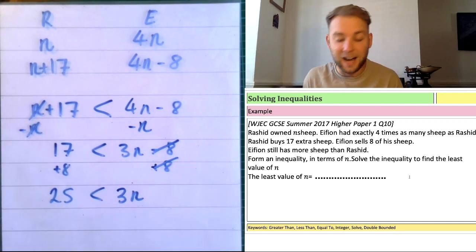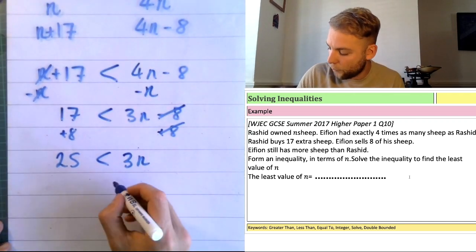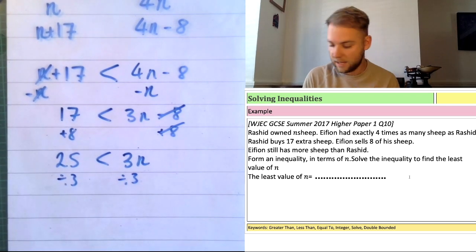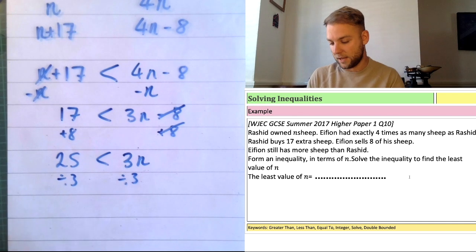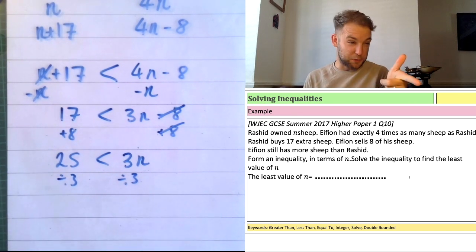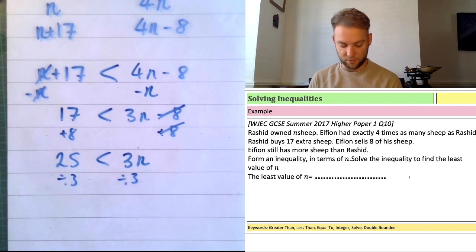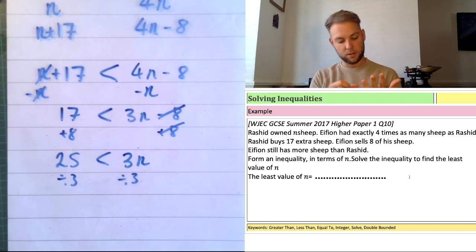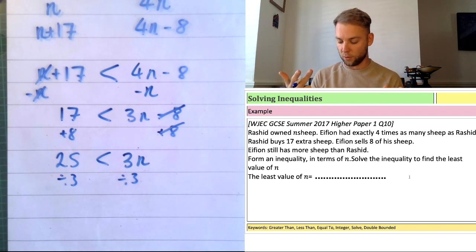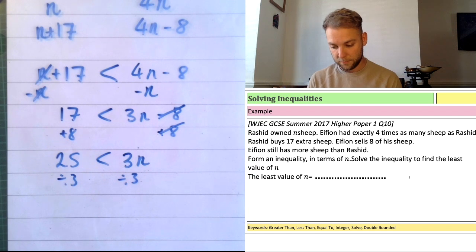Then I need to divide by 3. Okay, 25 divided by 3. It's paper one, so I'm going to do this with non-calculator methods. So 3, 6, 9, 12, 15, 18, 21, 24, with one remainder.